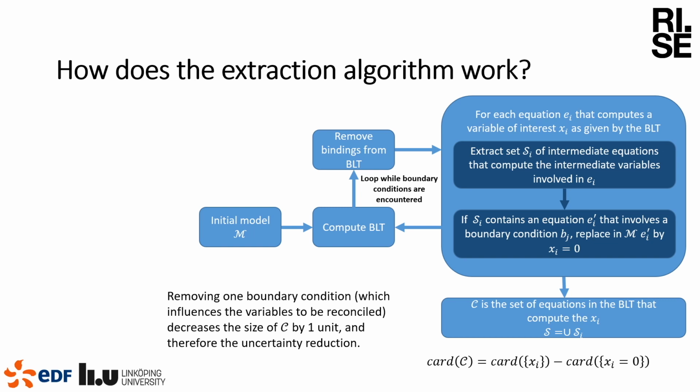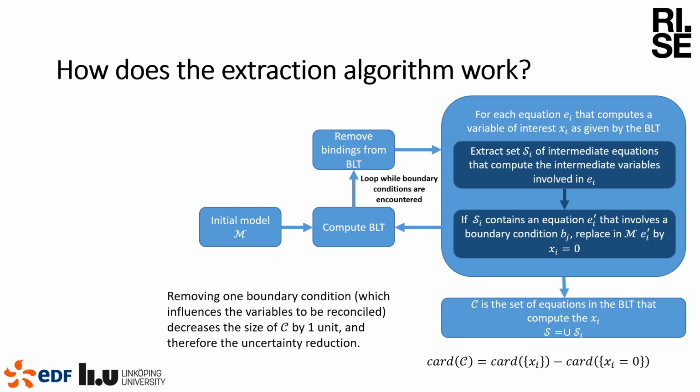If Si contains an equation that involves a boundary condition, we must remove the boundary condition and replace the boundary condition equation in the Modelica model by the variable of interest xi equal to 0. We continue this procedure until all the boundary conditions are eliminated, and then we extract two sets of equations.